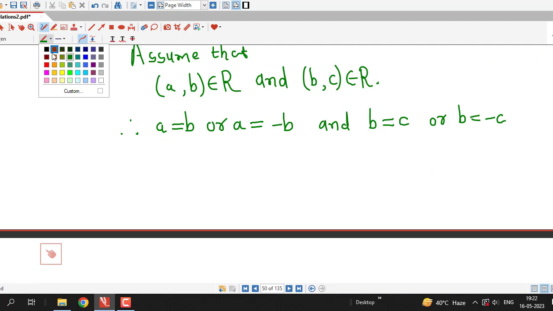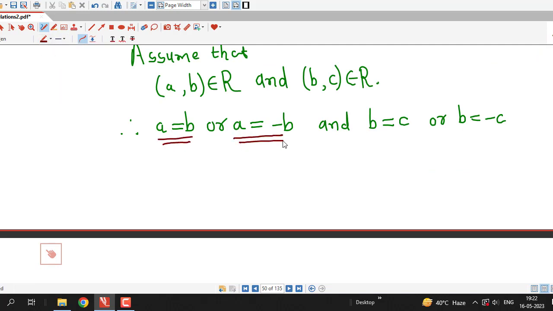Now here there are two possibilities, either A equal to B or A equal to minus B. Now suppose we consider this A equal to B. If A equal to B, then here also we have two possibilities.